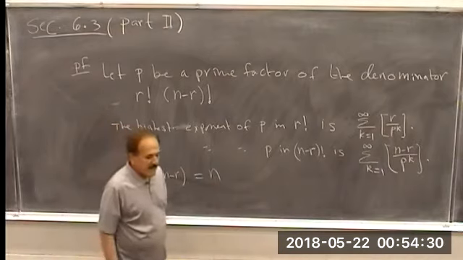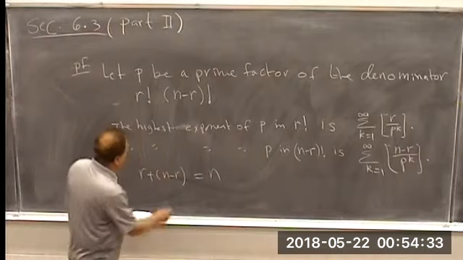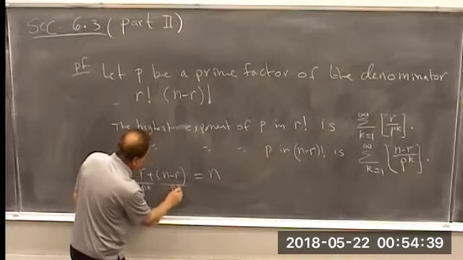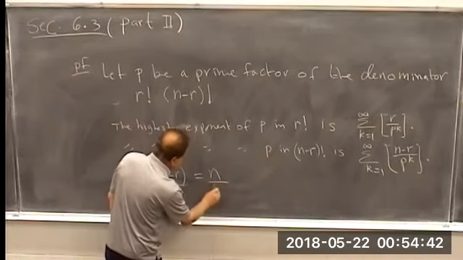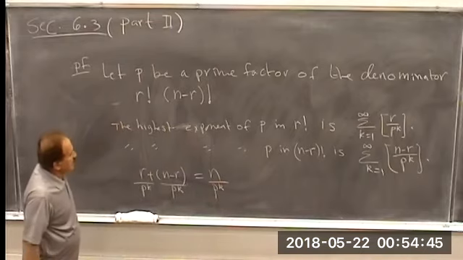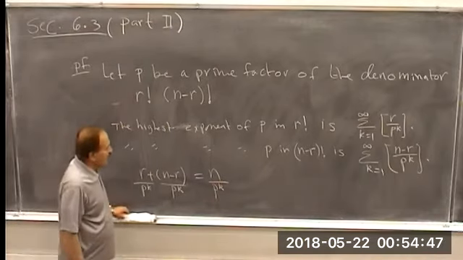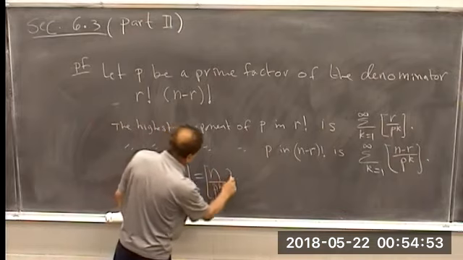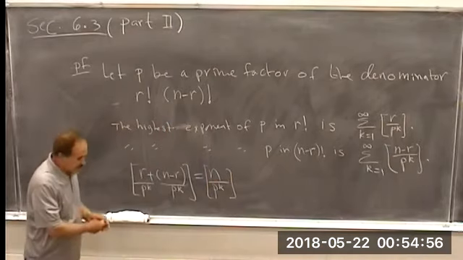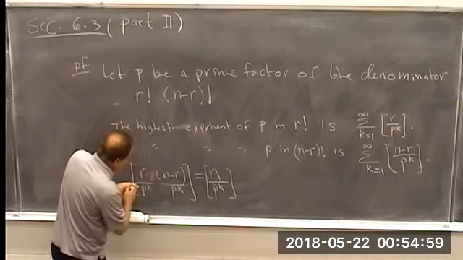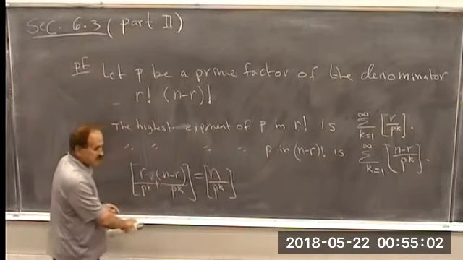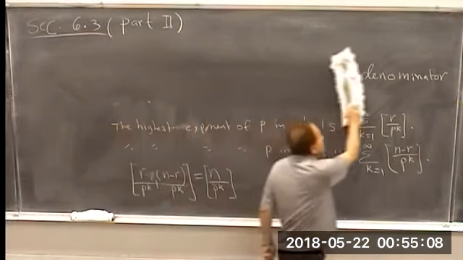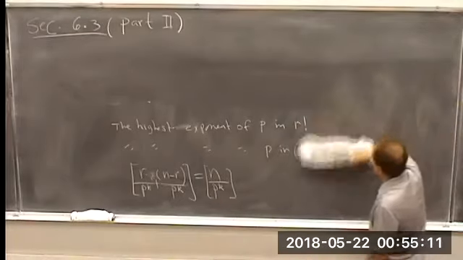All right. And then we can divide by p to the k. And then we're going to take the brackets of this expression. So we're going to take the bracket of this and the bracket of this. Now the bracket of this sum here, we put the sum actually in the middle here. So one of the properties of the greatest integer function says that the following is true.